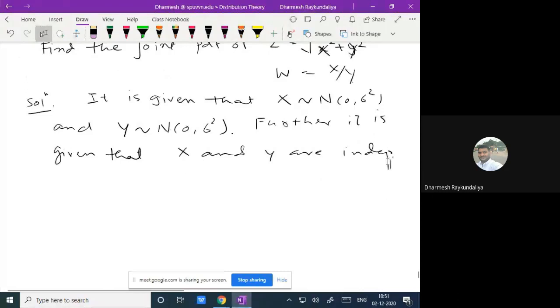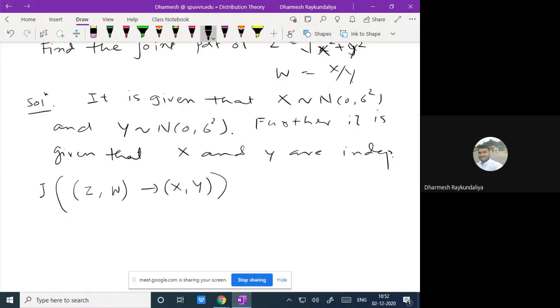Z and W. Now, whenever you wish to find out the distribution of Z and W, of course, if you are finding the Jacobian from, let us say, ZW to XY, you can just take the derivative of Z with respect to X and derivative of W with respect to Y, and you can find out the Jacobian of ZW.